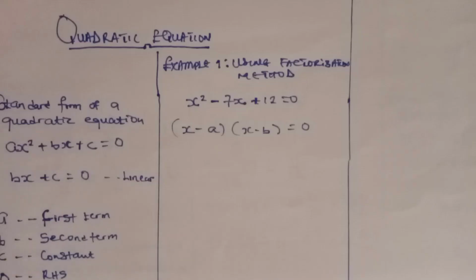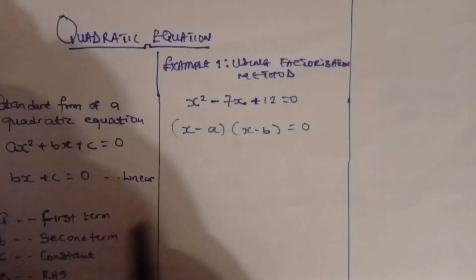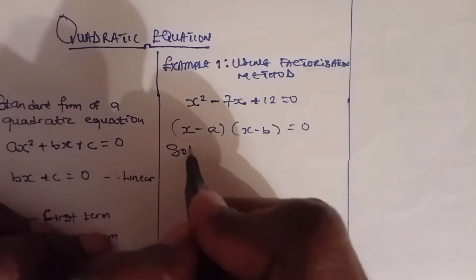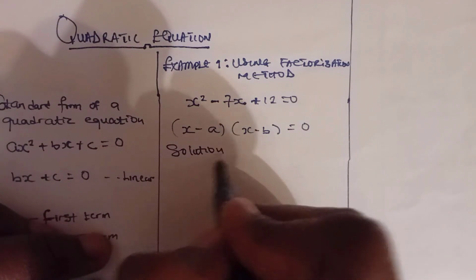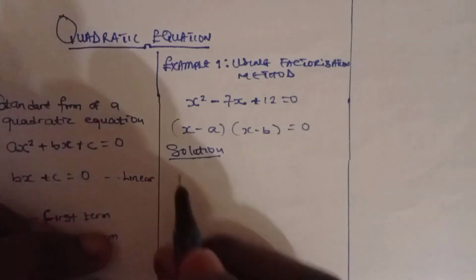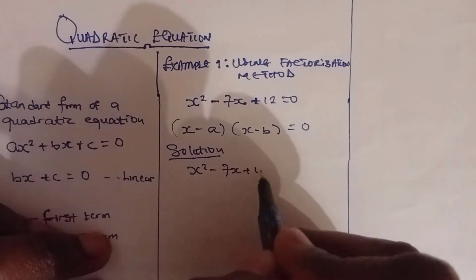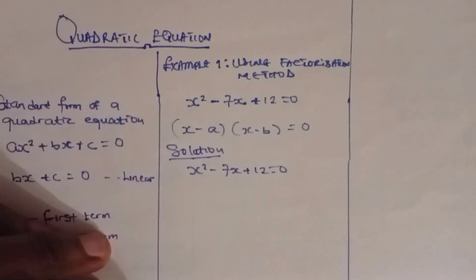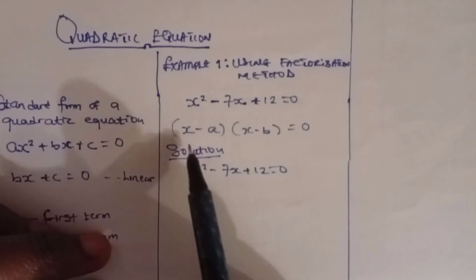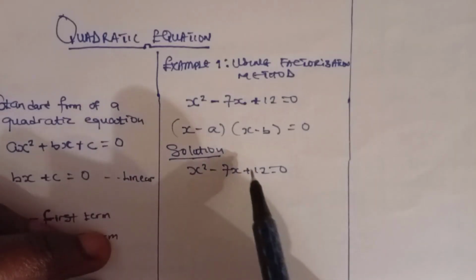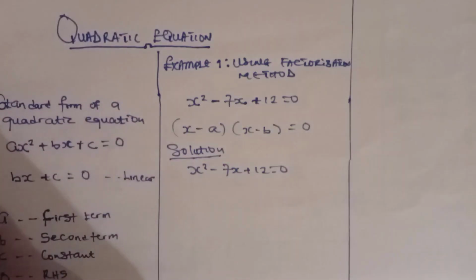You need a very good knowledge of thinking here. So, solution: we have x squared minus 7x plus 12 equals 0, and we are thinking of how we can factorize this equation into this kind of form.